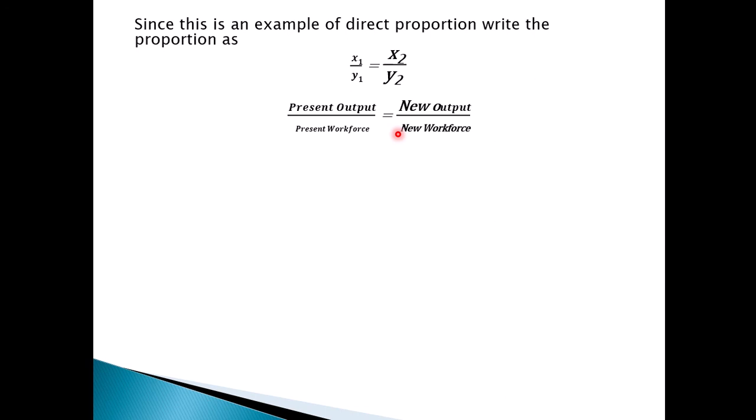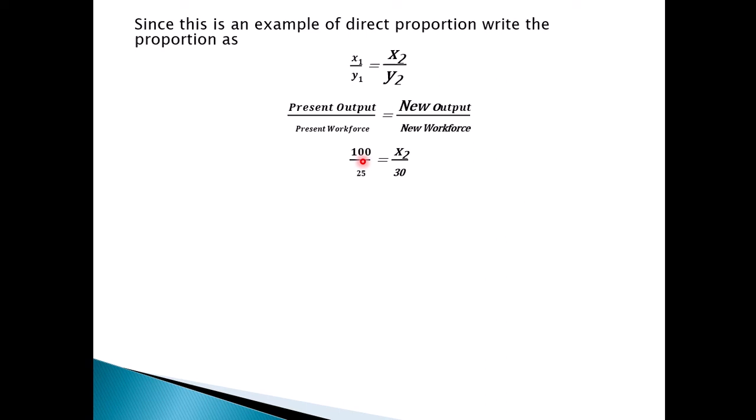No, it depends on your interpretation. You can just simply write present product, because they are producing dresses, over present individuals, which are the sewers. Or you could just say present dress over present sewers. That's possible. So this is just an example of a representation.